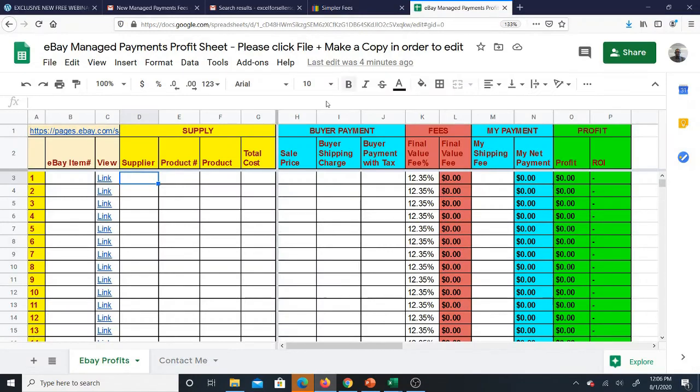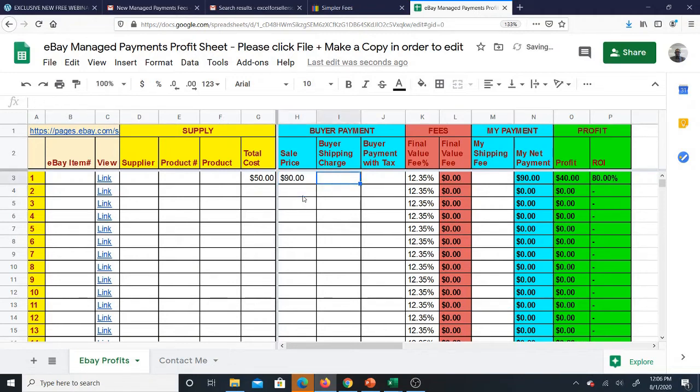Now for the main attraction, this spreadsheet. The spreadsheet reflects managed payments. I'll start out with the simplest part, which is the supply. You buy a product for, let's say, $50. You sell this same product for, let's say, $90.